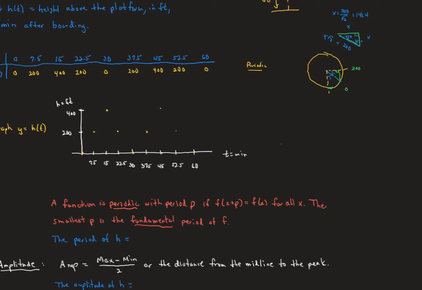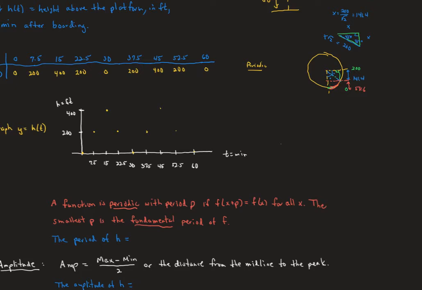So what that's saying is that this distance right here is 141.4, which means that this distance from the ground up to that point, halfway between 0 and 7.5 minutes at 3.75 minutes, this distance that I put in red, is 200 minus 141.4, which is 58.6.